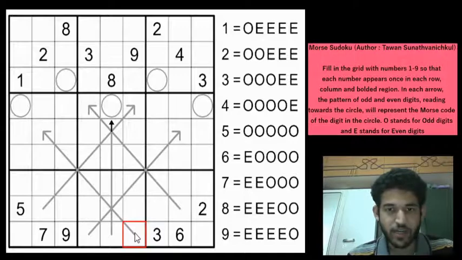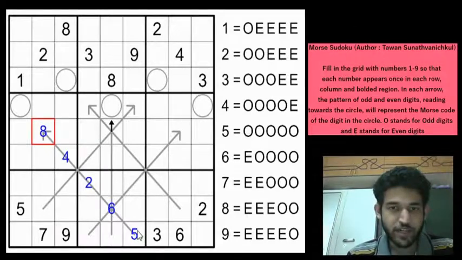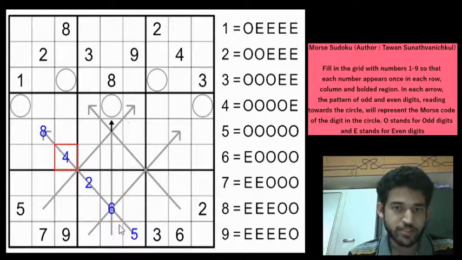For example, ignore the givens for now, let us just write some digits here. So if you have this pattern of digits, you can see that we have an odd here, and an even here, an even here, an even here and an even here. So odd followed by 4 evens starting from the arrow stem, the bottom of the arrow. In this direction, this Morse sequence gives you a digit of 1, right?